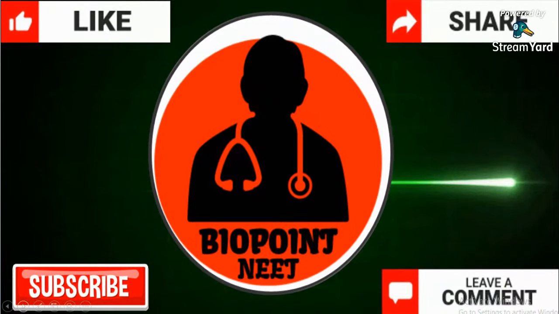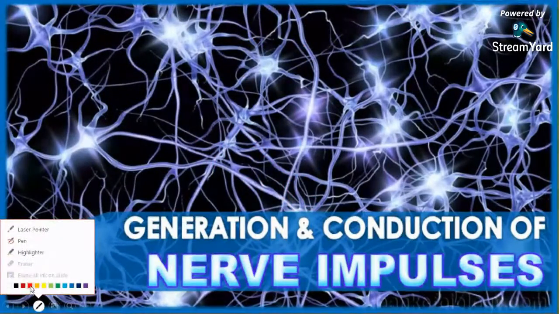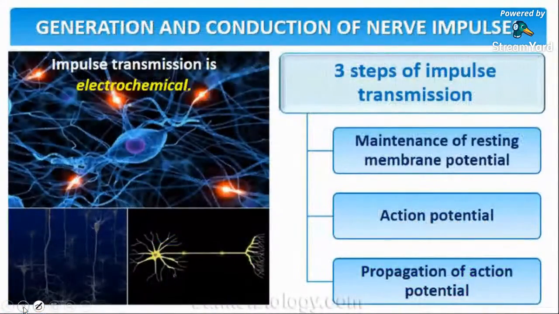Thank you so much. So today we are dealing with an absolutely new topic, that is generation and conduction of nerve impulse. Generation and conduction of nerve impulse is our topic of the day. So guys, please listen, very important one.